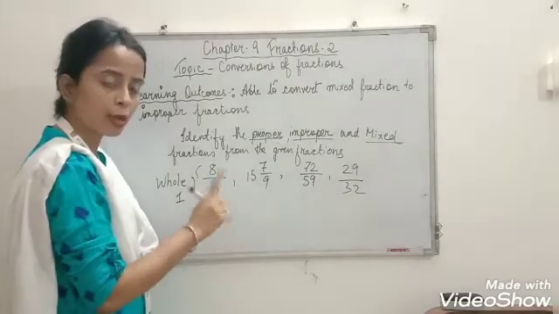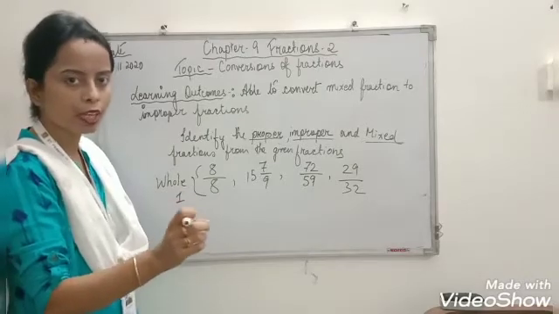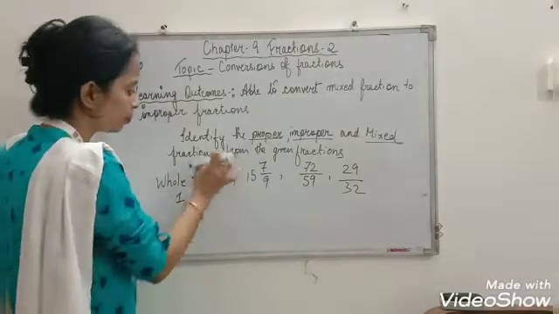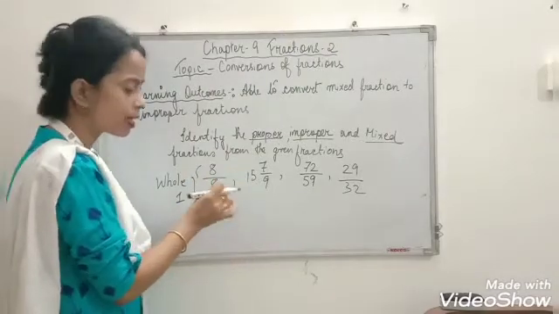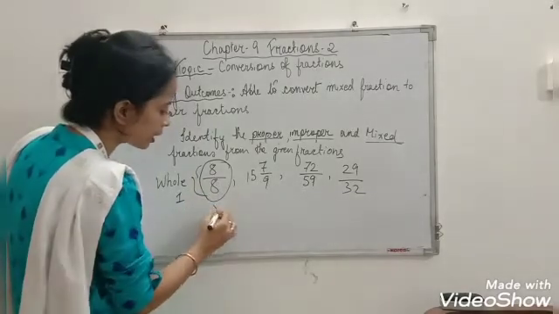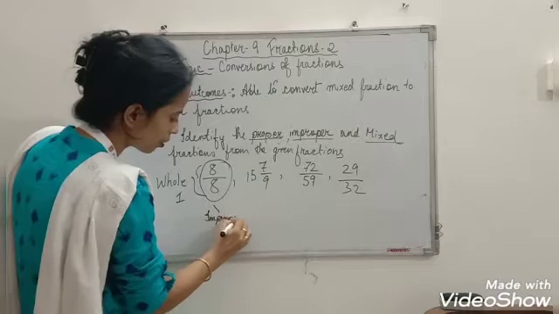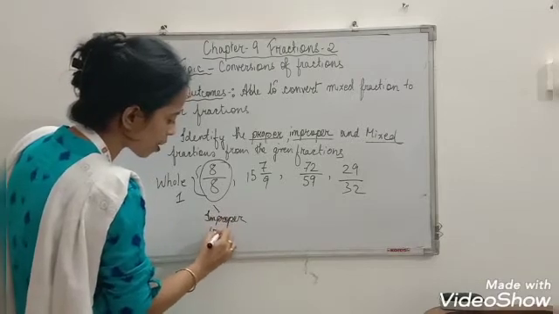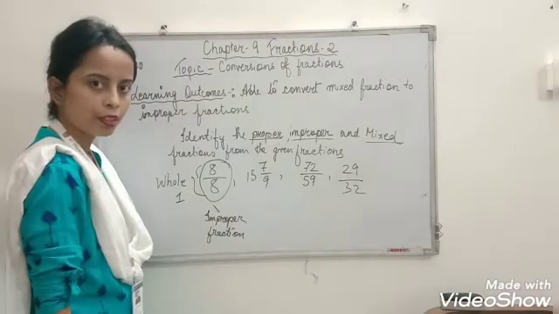8 by 8 is a whole. Sometimes when we add two like fractions, we might get both the numerator and denominator the same. That type of fraction we call an improper fraction. Clear?